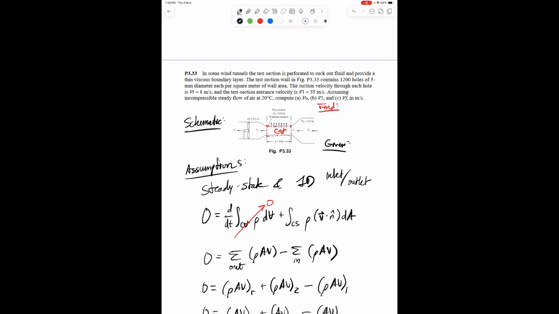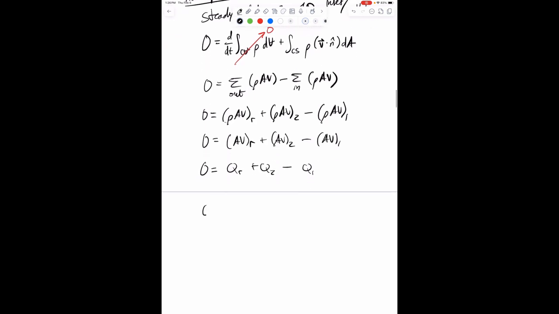That's your cross-sectional area. Q1 equals A1 V1. A1 is pi over 4 times d squared, so you square the 0.8 meters, and your velocity was 35 meters per second. Therefore, Q1 is 17.6 meters per second. So that's Q1.